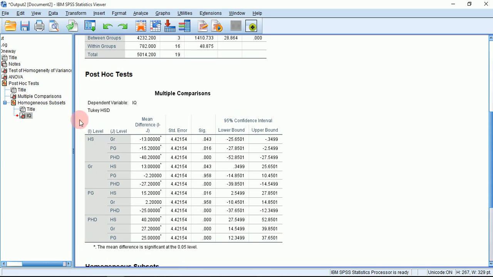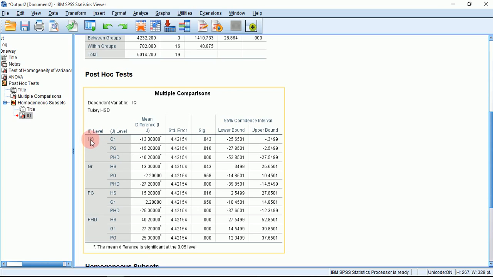And just by considering the upper two portions in this table, we can come to a conclusion about the mean difference of each pair in our data set.